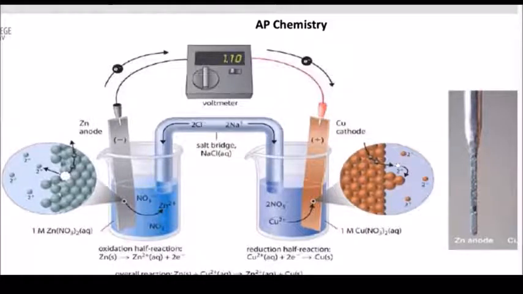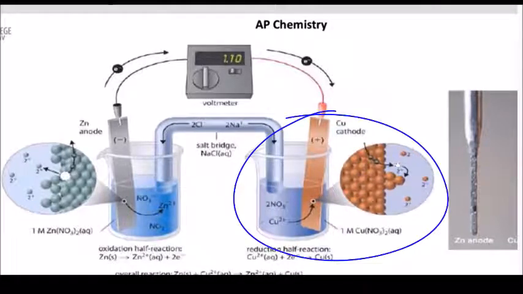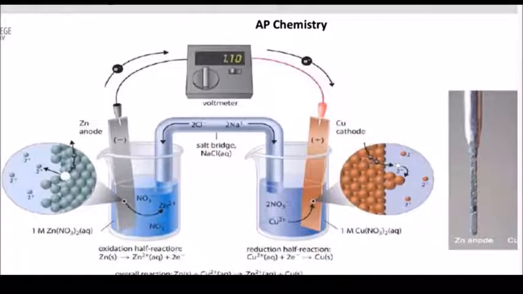So what's happening in the cathode compartment? Well, when the electrons come in, the copper 2 plus is attracted to those electrons, and as we said, is plating on top of the already existing copper as new solid. If you take a step back, in this solution we've got copper 2 nitrate. For every one copper 2 plus ion, there were 2 nitrate ions dissolved.